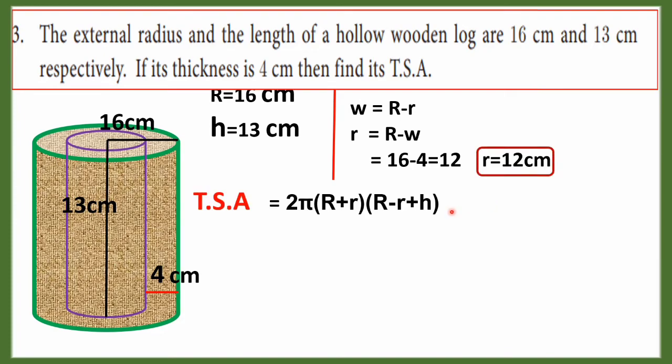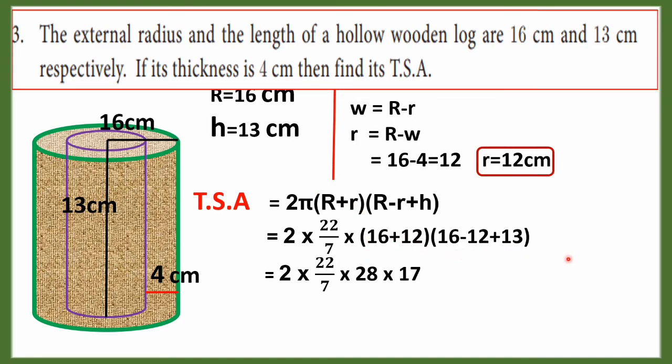You know the formula. Total surface area equals 2 pi (R plus r)(R minus r plus h). Substitute the values. 2 into pi 22 by 7, (16 plus 12), then (16 minus 12 plus 13). Simplify the numbers. 16 plus 12 is 28. Here 16 minus 12 is 4.